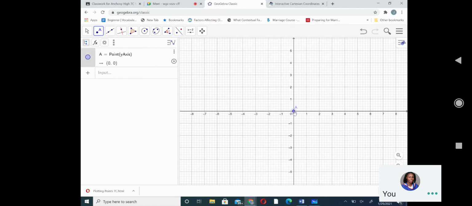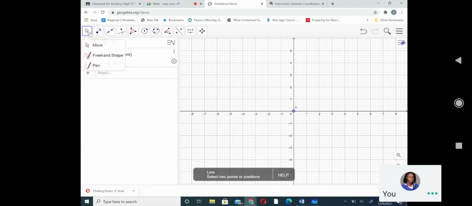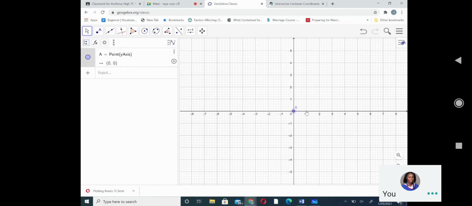Uh-oh. It's only going up or down. Oh, yeah.